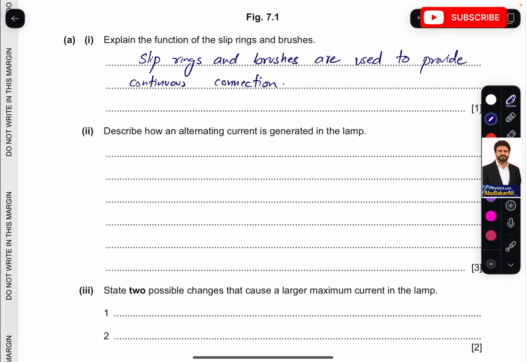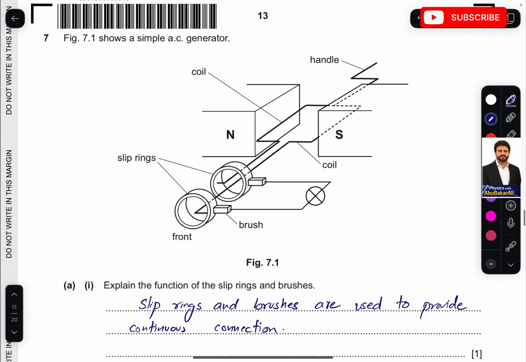So what we can write down, the coil is rotating inside the magnetic field of magnets. Okay, so they have shown this in the diagram as well. These are the magnets and this is a coil that is placed here.